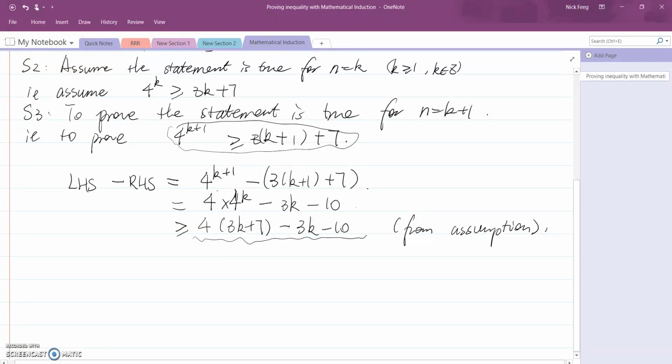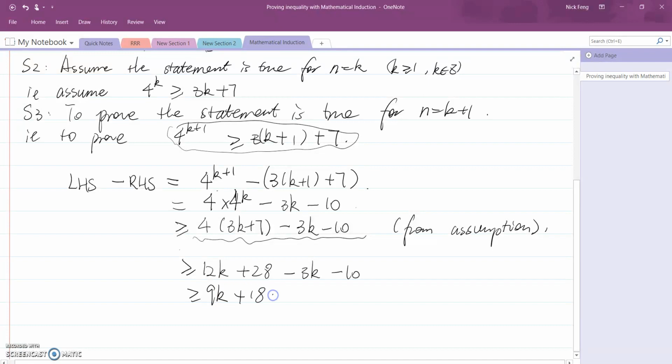But because from the previous line you said it's greater than this line, whatever later on we write should be greater in the overall result. So it really doesn't matter what you wrote. So I'll just keep writing greater than or equal to, in this case, which is 12k plus 28 minus 3k minus 10, and should be greater than or equal to, that is 9k plus 18.